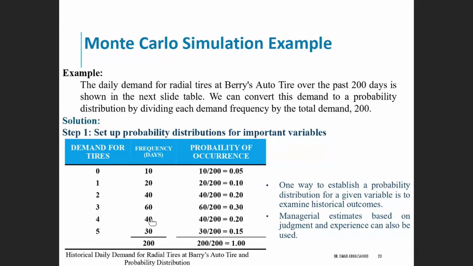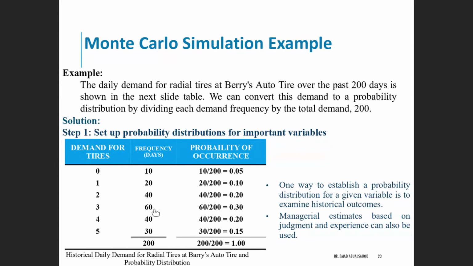So I divide the 40 over the 200, so I get the probability of demanding 4 tires. Okay, I want the probability for 3 tires. What I do, I look for what the frequency of having 3 tires was: 60, 60 days.